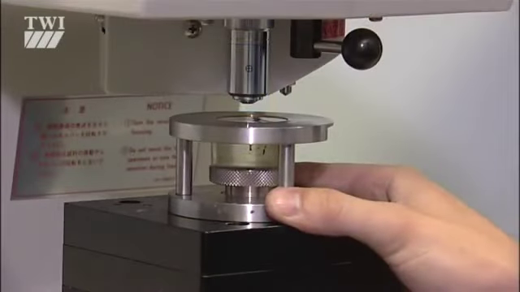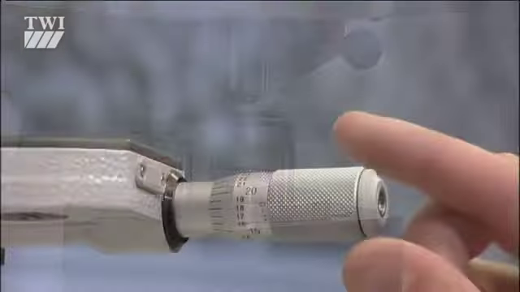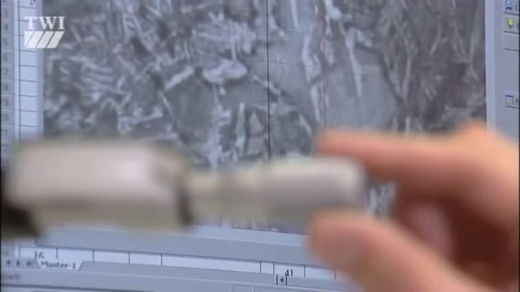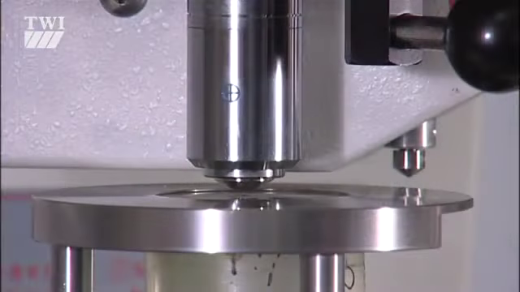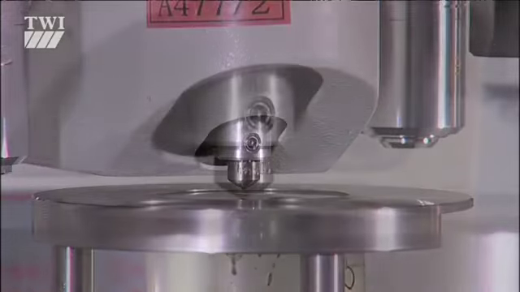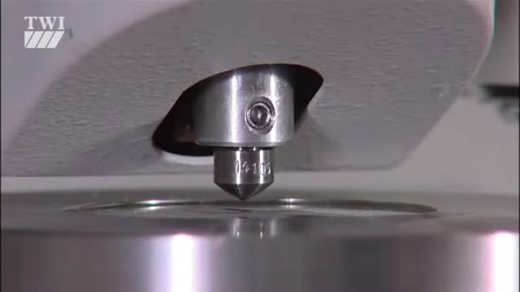Both the Knoop test and the Vickers test use a pyramid-shaped indenter. The loads are scaled down appropriately to between a gram and a kilogram, and produce impressions that require 100 times magnification microscope to see and measure.